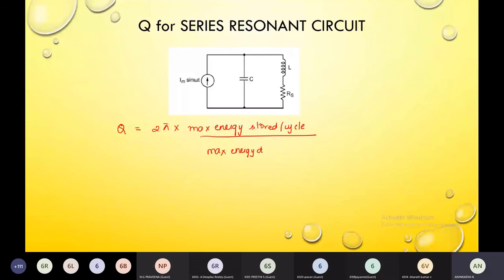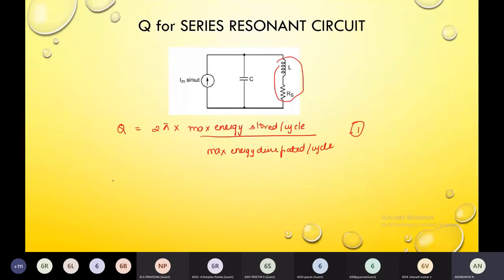All the formulas you know. Again we will find the maximum energy stored and maximum energy dissipated, then substitute. Why do we call it a series resonance circuit? Because your L and R are connected in series. If they are connected in parallel, then it is a parallel resonance circuit.